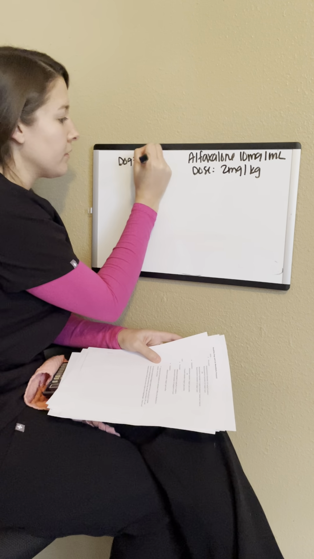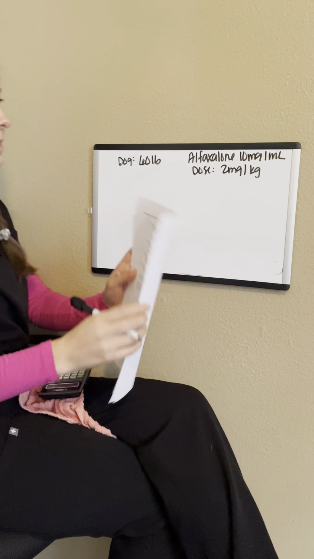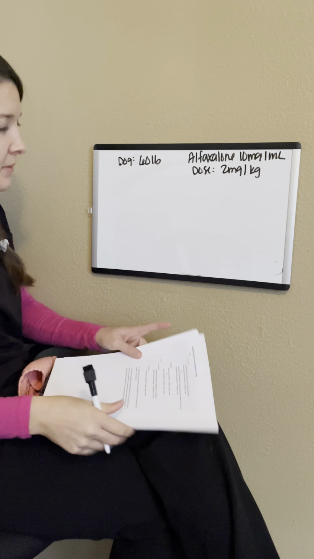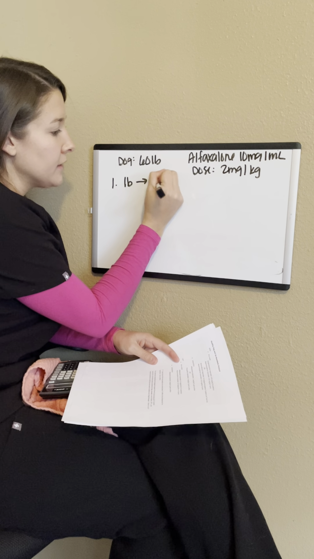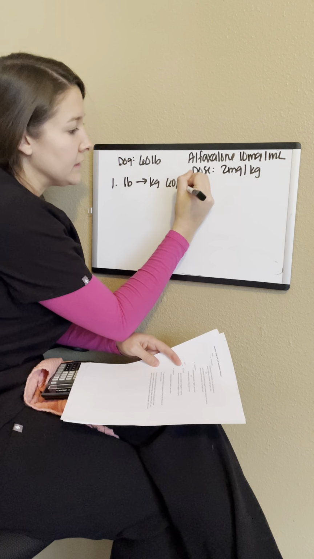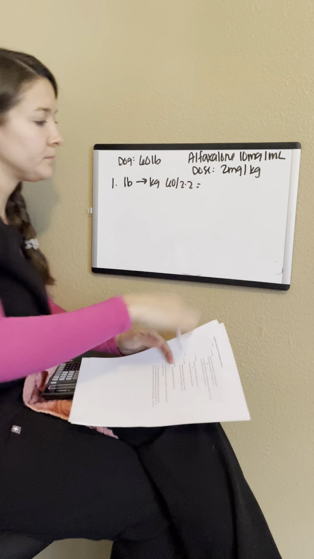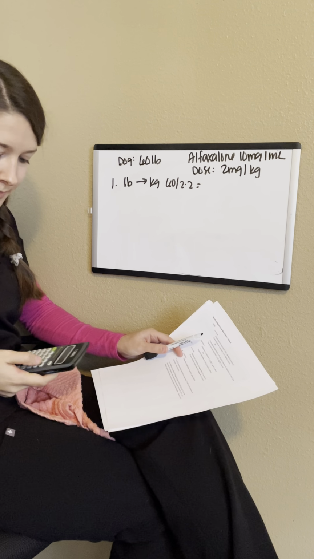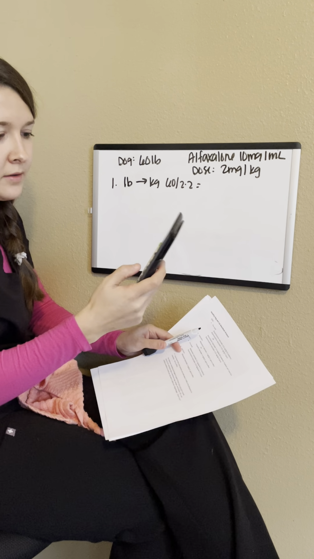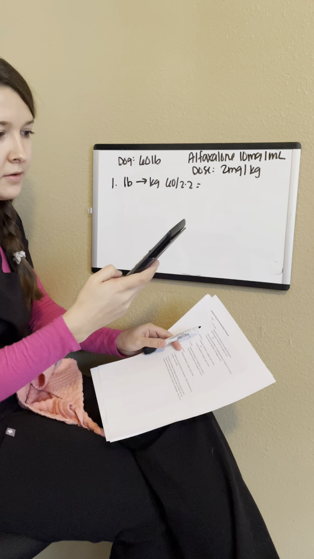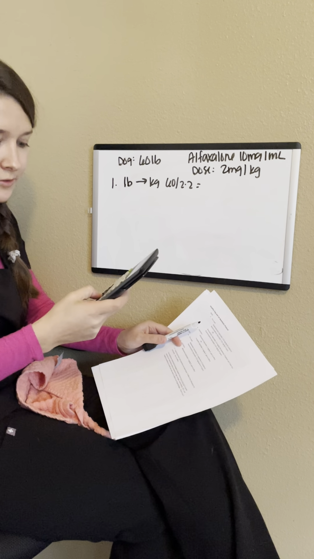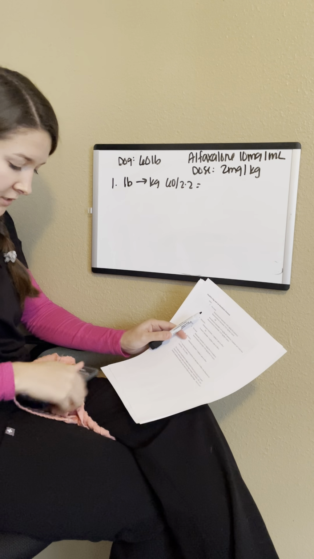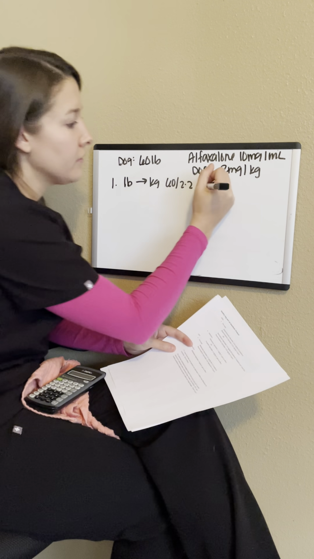He's a big boy. All right, so we got all of our information. So first step, pounds to kgs, 60 divided by 2.2, 27.27.